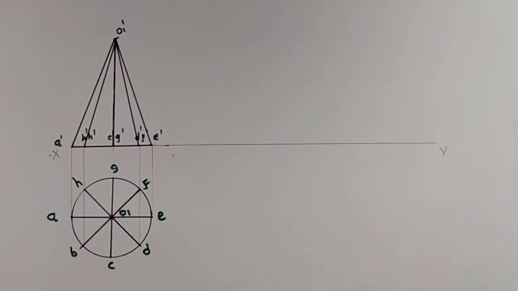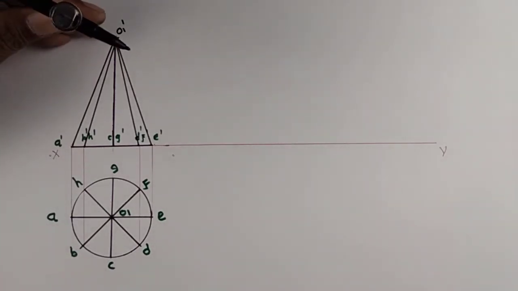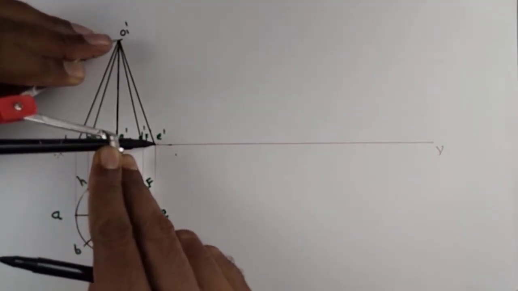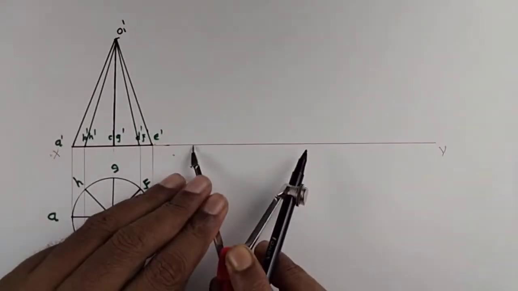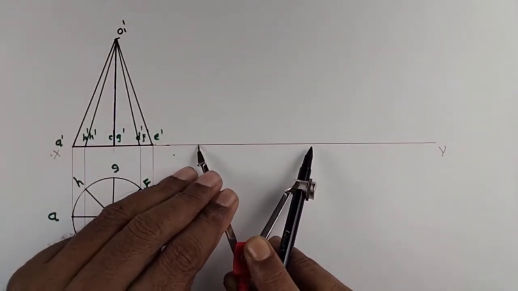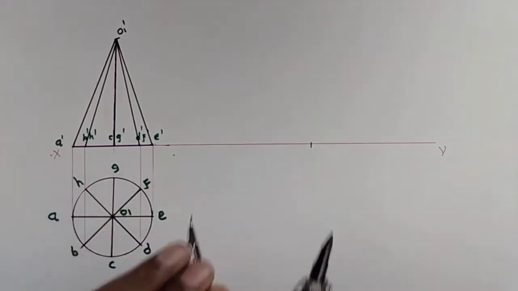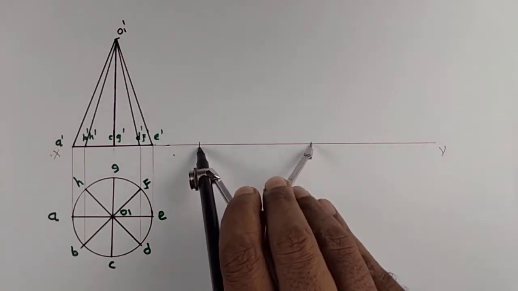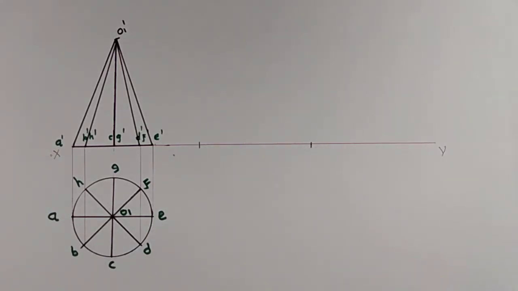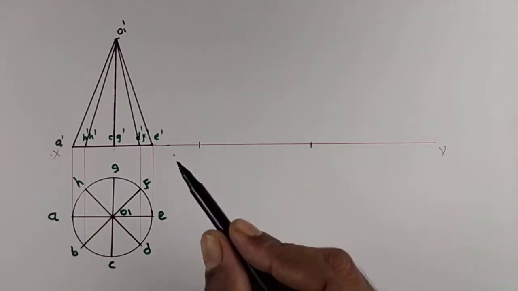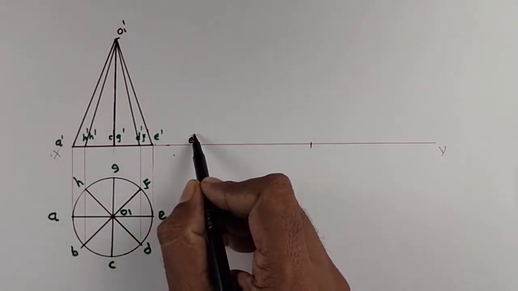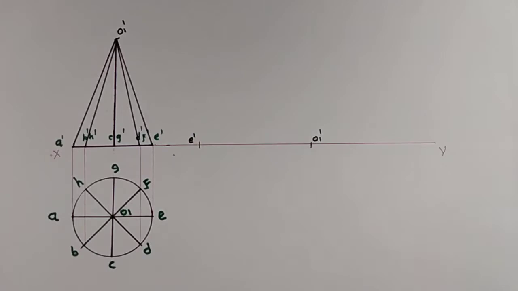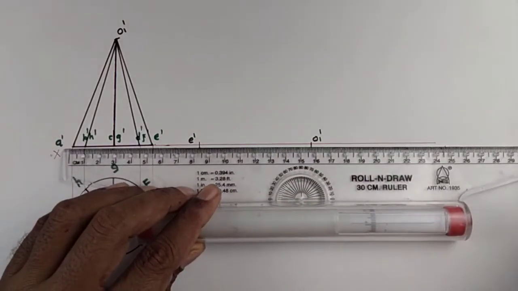So we take the dimension of O1 dash E dash. It is resting on HP. You can mark on both sides exactly. So my E dash O1 dash, the true length of the generator, is resting on HP, so I can draw the dark line.